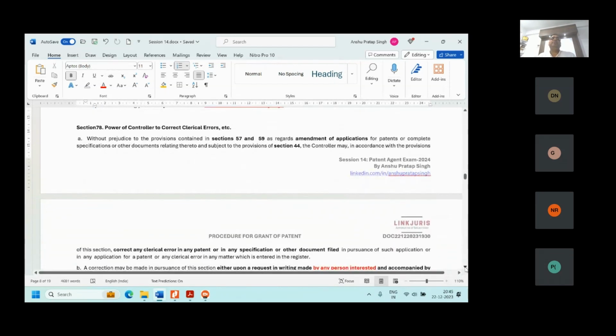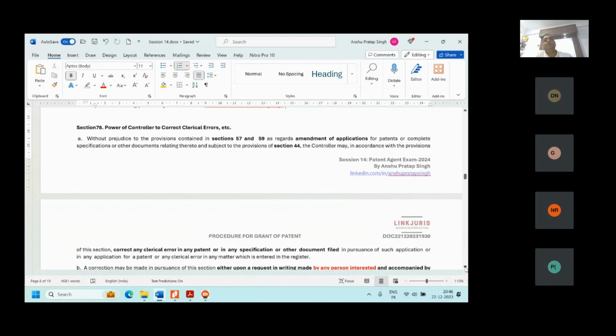Then the controller has the power to correct clerical errors. There are 3 parts where we have understood the amendment of application: 57, 59, and section 44. 57 and 59 are about amendment of application. 57 is under the controller, 58 is for the High Court, and 59 governs how the amendment of application can be done.